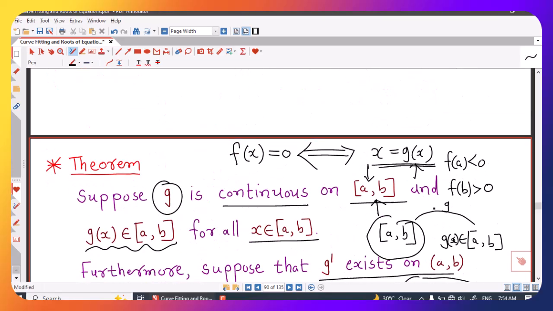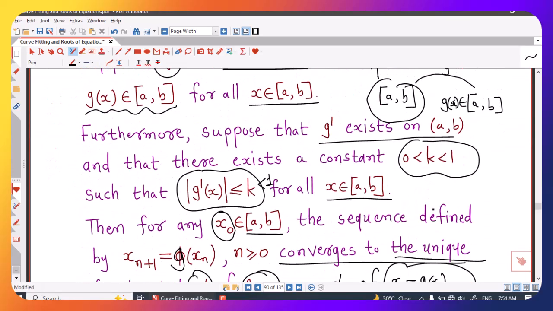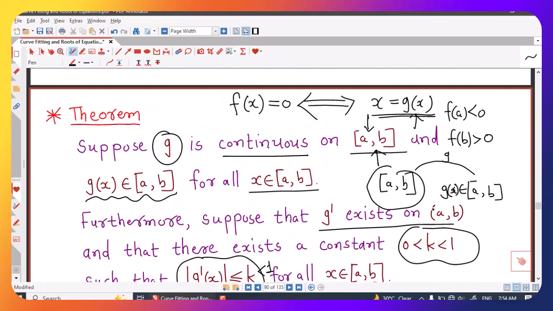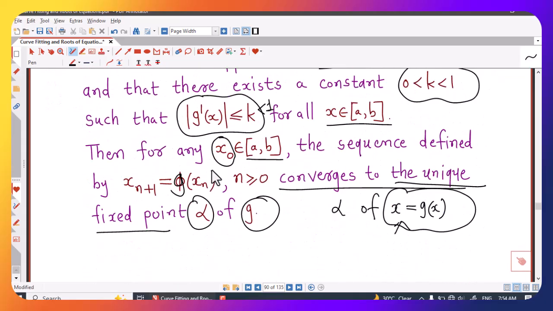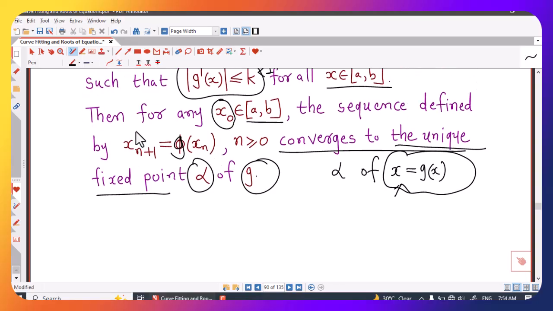So we will remember this result and these conditions for the iterative function. If the iterative function is selected in such a way that it satisfies these conditions, then our sequence defined by x(n+1) = g(x(n)) will converge to the actual root alpha.